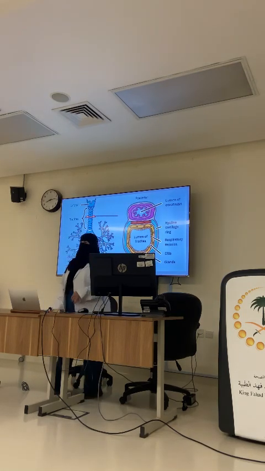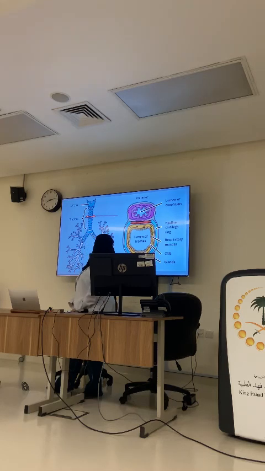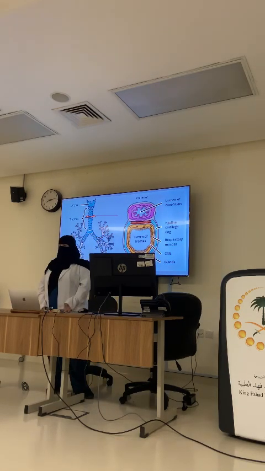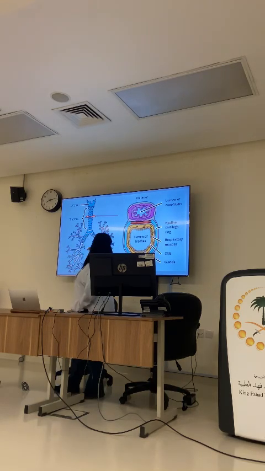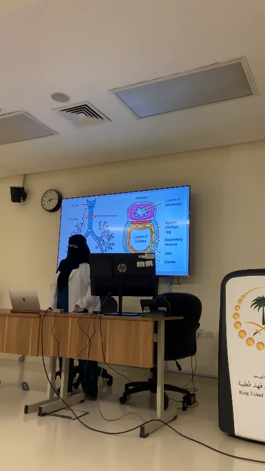Now, here you can see we have a trachea. If we took a cross section of the trachea, from the posterior side we have the esophagus, and from the anterior side we have the trachea. In the review of the trachea, the outer lining is the cartilage rings.